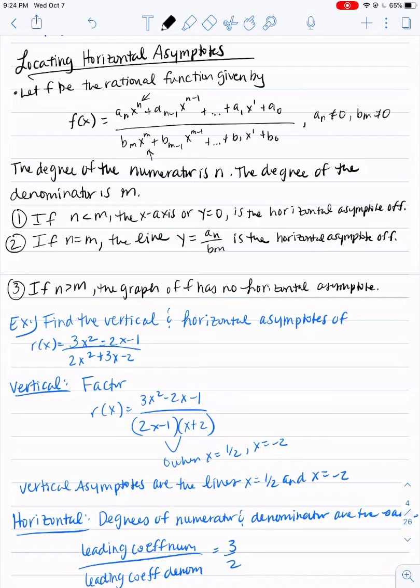If n equals m, the line y equals a_n over b_m is the horizontal asymptote of f. That's basically taking the leading coefficients of our highest degree terms. And if n is greater than m, the graph of f has no horizontal asymptote.